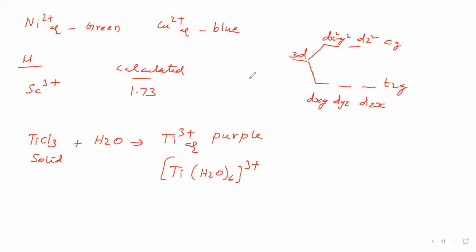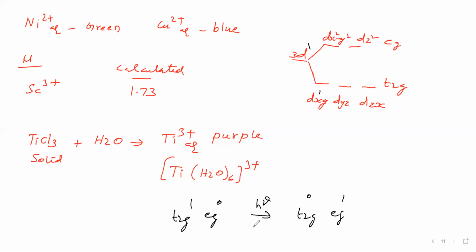Now, in this titanium plus 3, only one electron is there, present in t2g1. When light is falling, this electron goes to eg, so absorption. It is t2g1 eg0 becoming t2g0 eg1.